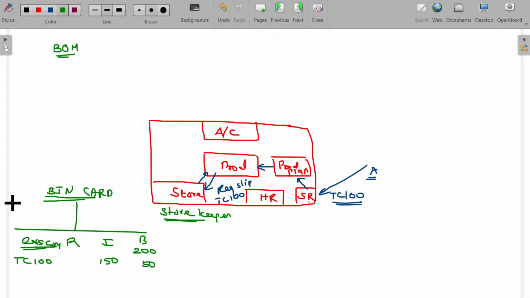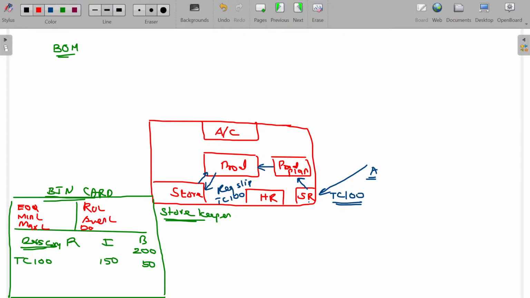And in the bin card, at the top, details required to be maintained by the storekeeper are available, like probably economic ordering quantity, minimum level, maximum level, reorder level, average level, and danger level. All these things are printed here itself. You might have studied the EOQ and the other levels also.